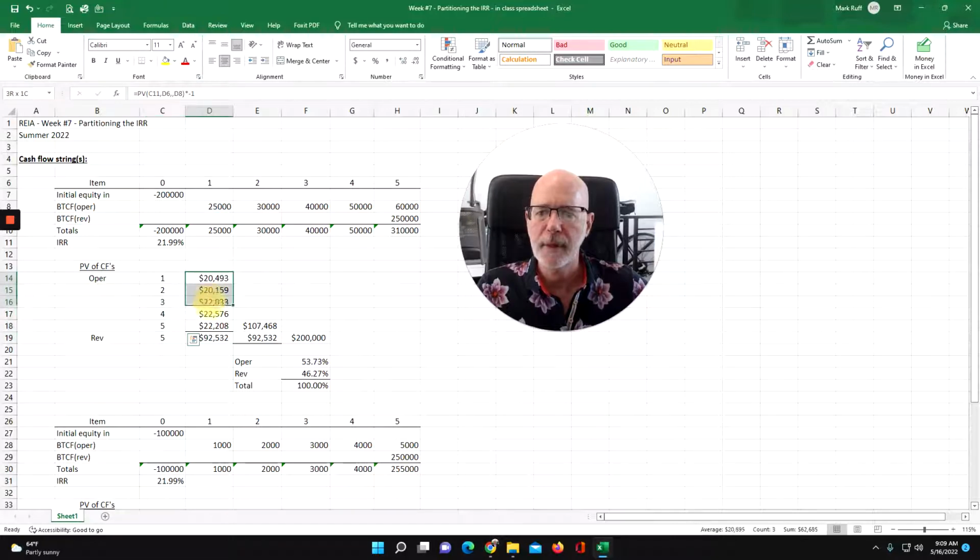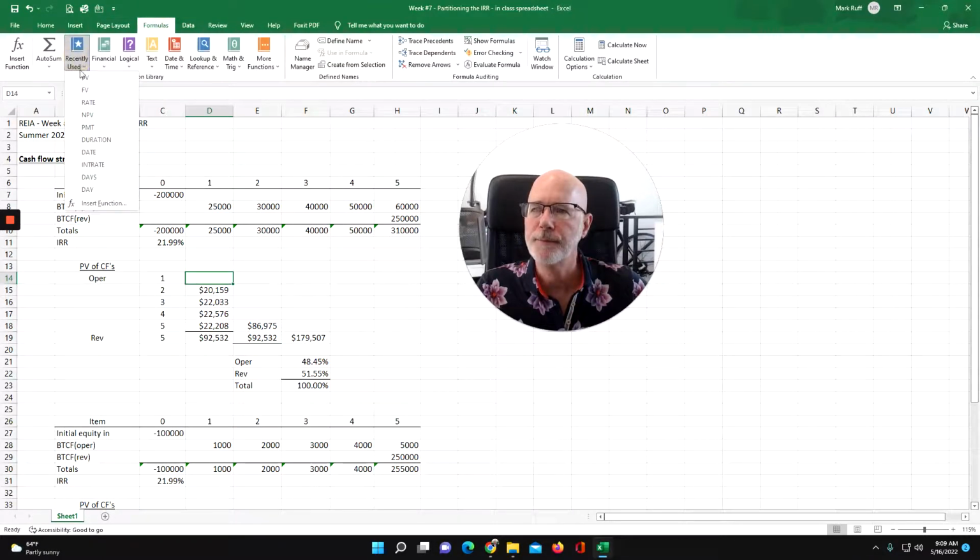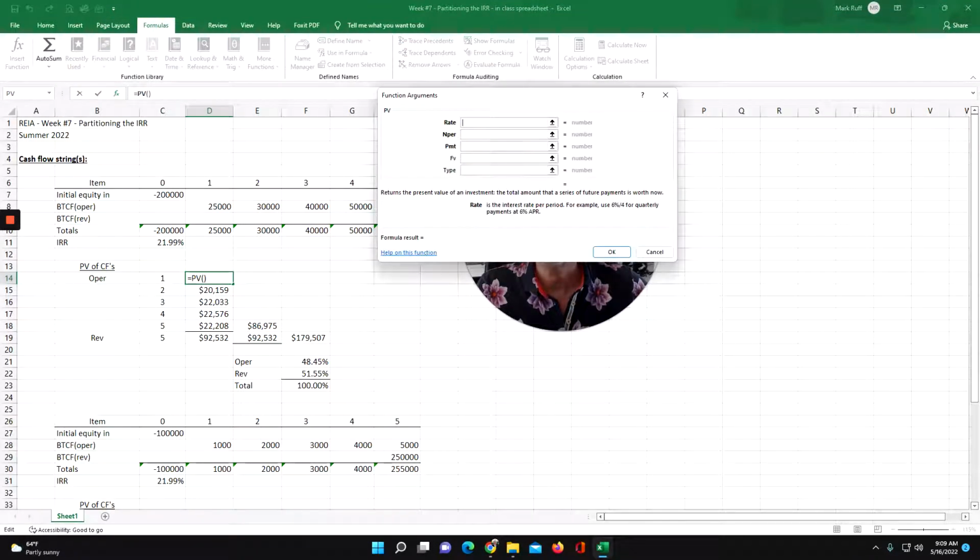So we add up all of these future values that have now been discounted back to the present value. For example, let me show you how to do one here. If we wanted to figure out the present value of this future value cash flow, our rate by which we're going to discount is the internal rate of return. The number of periods here is 1 year out, and the future value that we anticipate getting is $25,000.